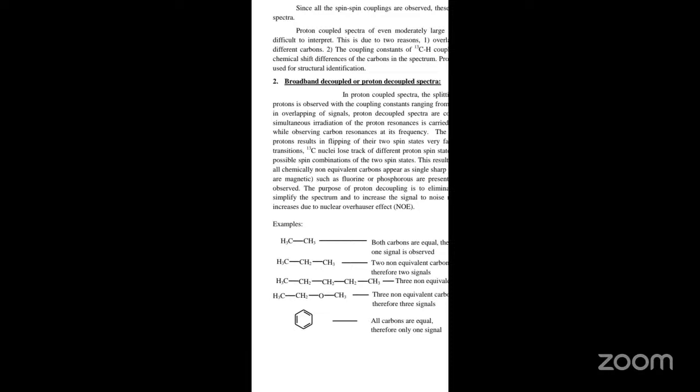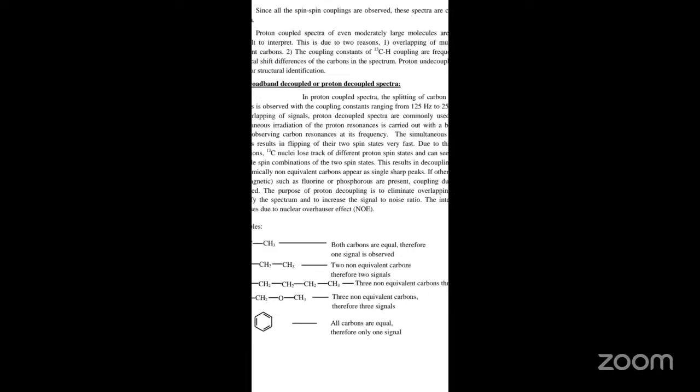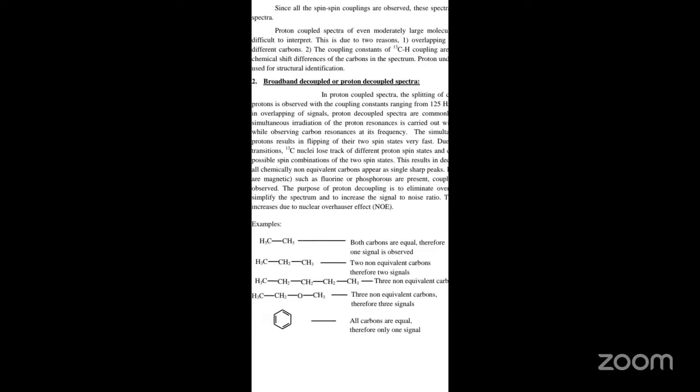For example, here you see the CH3, and these two methyls fall in the same chemical environment, so we get only one signal for this. And you will get the quartet for this one because the carbon is attached with three protons, and as per the n plus 1 rule we get the quartet for this CH3.